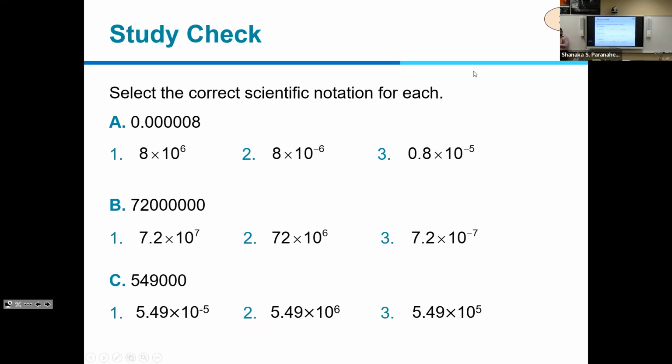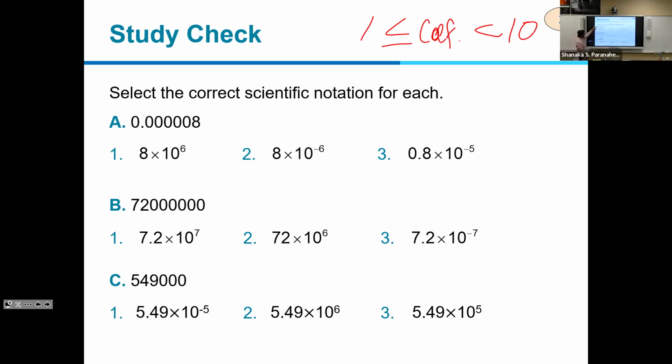Try to use the scientific notation that I explained, so your coefficient should be in the range of 1 to 10. What is the answer to A?